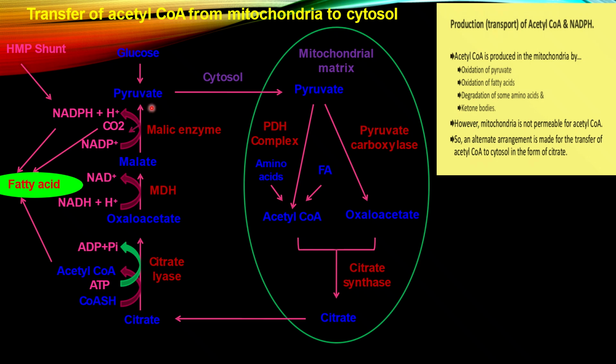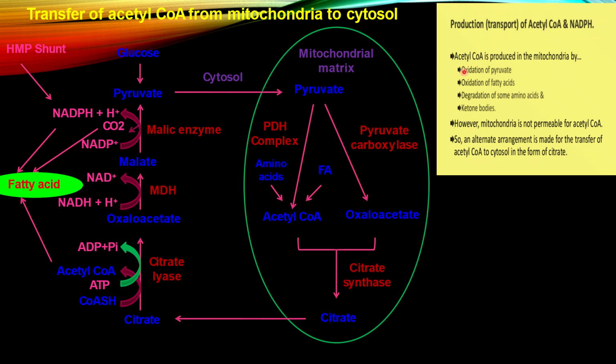This pyruvate can further enter the mitochondria, right? And in the course of this conversion of citrate to oxaloacetate, there is a production of acetyl coenzyme A. So this is how we have resources available in the cytoplasm, all set for production of fatty acids. So, production of acetyl coenzyme A and NADPH.